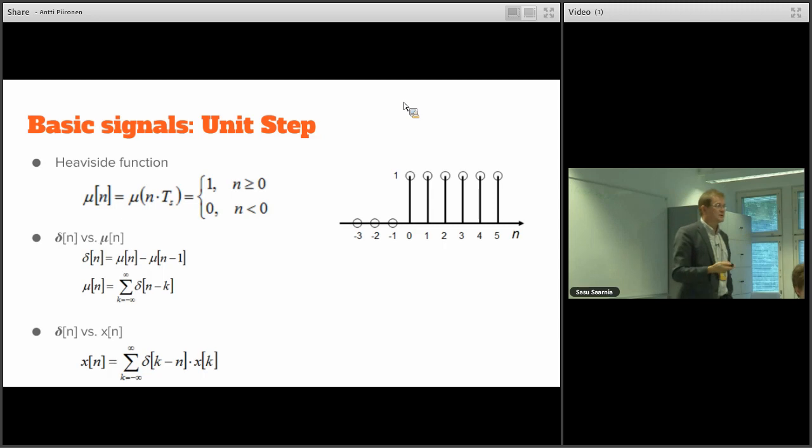So if you have a linear system, you can test the system with the simplest function, which is the unit delta function, the discrete delta function. You can use that to test the system, and it basically behaves similarly with any arbitrary signal. That's basically the foundation of why we can make digital filters.